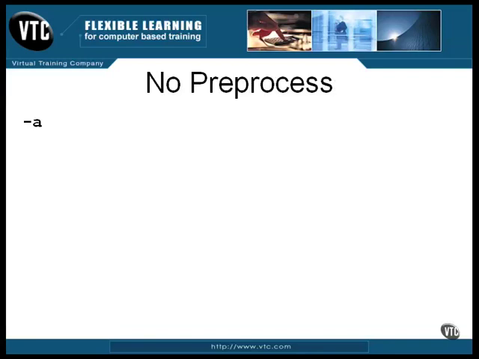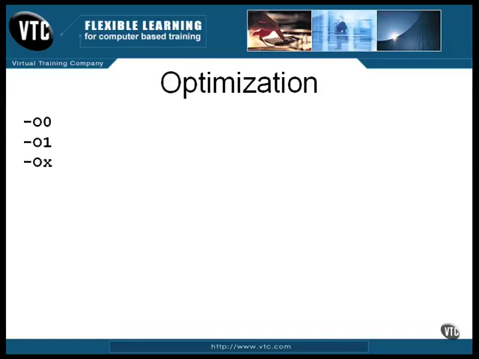Specifying the A option suppresses the preprocessor. No macros are expanded. This is for the purpose of speeding up assembly a bit when no preprocessing is needed, such as when the input to the assembler is the output from a compiler. The uppercase O option followed by the number 0 suppresses all optimization.